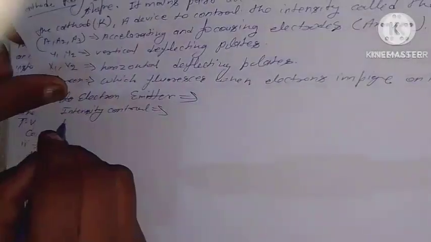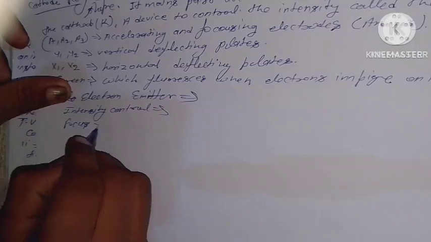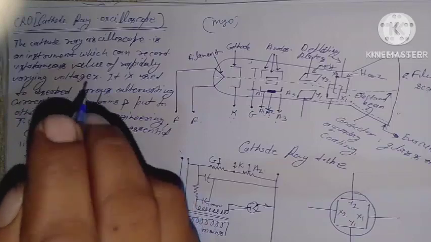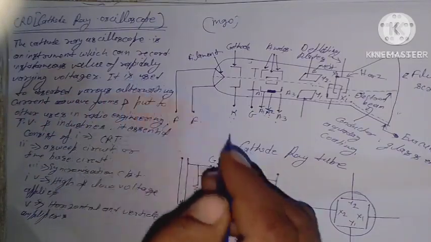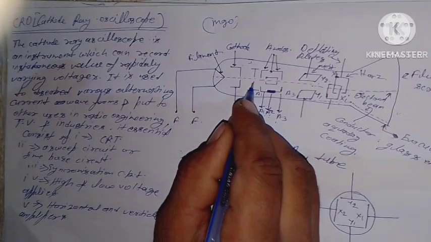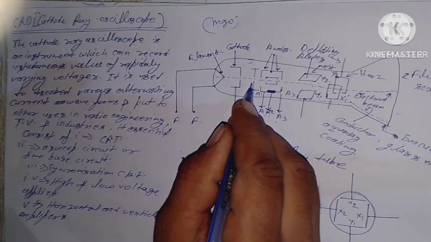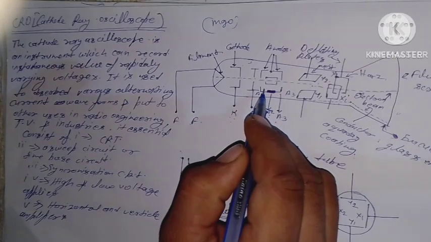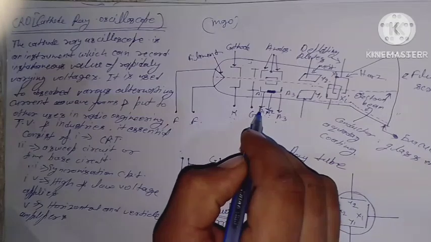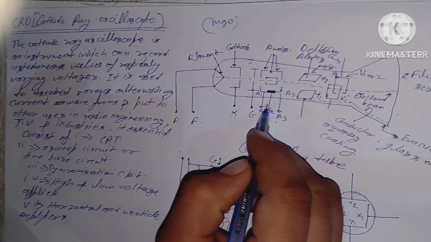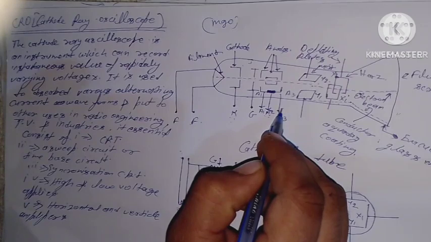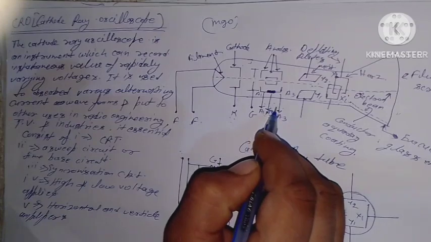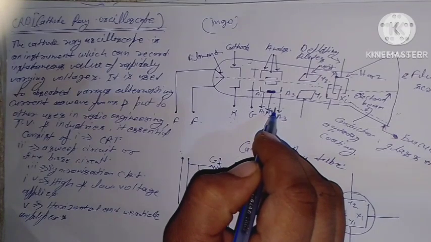Next, focus. The beam of electrons from the grid passes through a series of electrodes known as the first, second, and third anode, A1, A2, and A3, all of which are at positive potential with respect to the cathode.